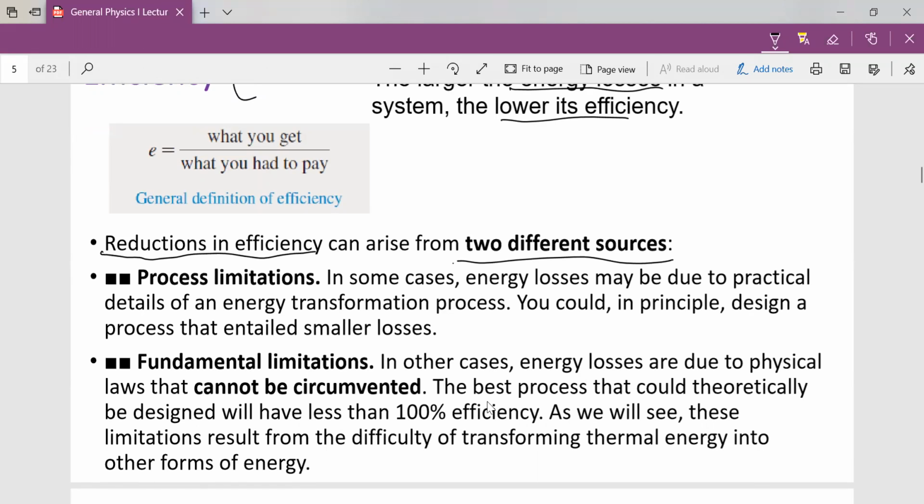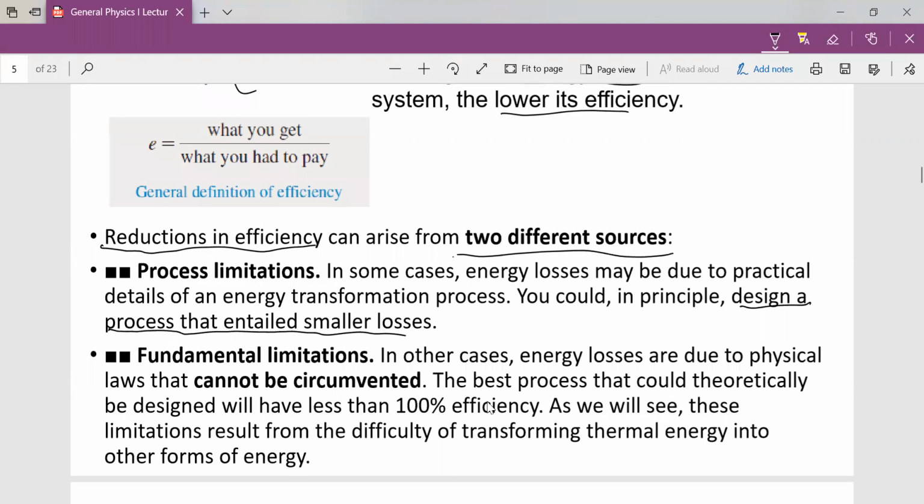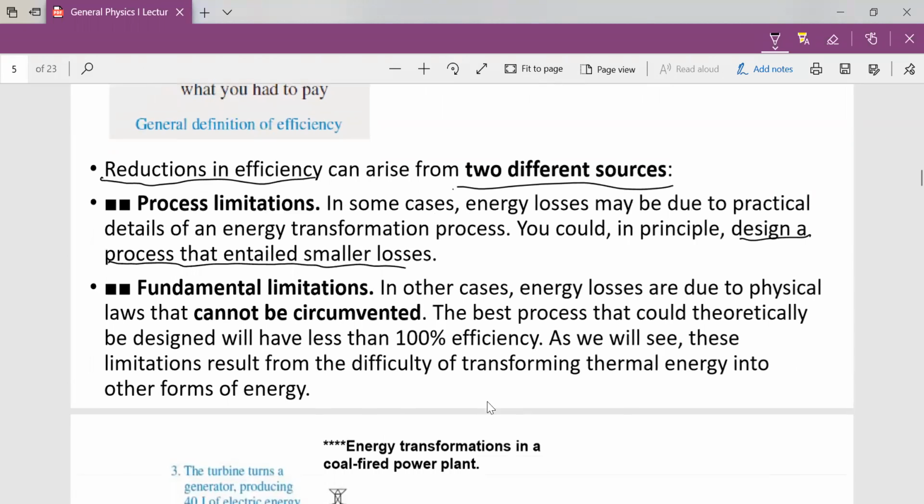Now, the process limitation talks about the energy transformation process that is due to the design of the system. Okay, so the pump design that we saw earlier can actually be made such that, if we better insulate the process, the thermal energy given off to the environment will be less than 25. Okay, so the process limitation is dependent on design, while the fundamental limitation is dependent on physical laws, something you really cannot change.